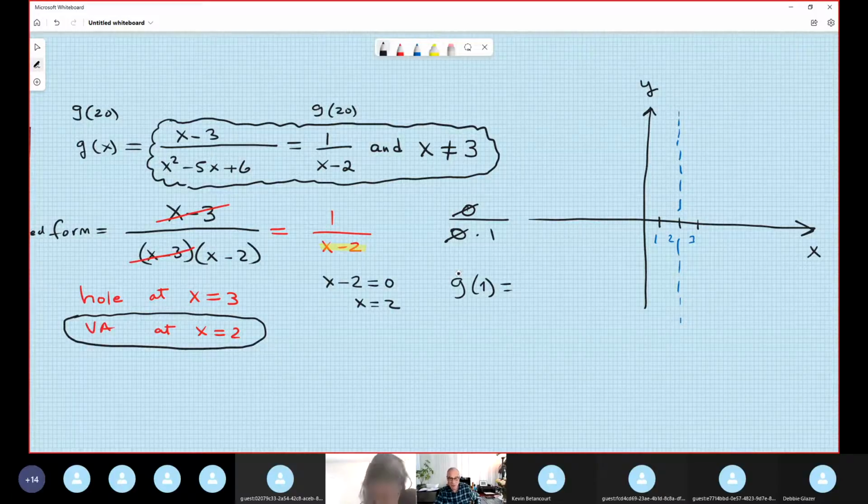We evaluate, but no, I avoid 3 because I know that we have a conflict problem. Evaluate 4 maybe, or 5, doesn't matter. Entonces you evaluate to the left, you evaluate 0. My recommendation is evaluate close to 2. It is the vertical asymptote.